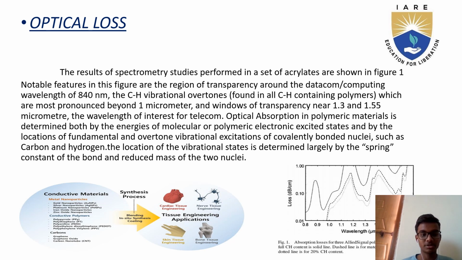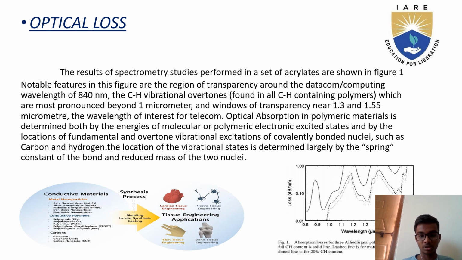Notable features in these figures are the region of transparency around the datacom or computing wavelength of 840 nanometers, the CH vibrational overtones found in CH bond containing polymers which are most pronounced beyond 1 micrometer, and windows of transparency near 1.3 and 1.55 micrometers, the wavelengths of interest for telecom.